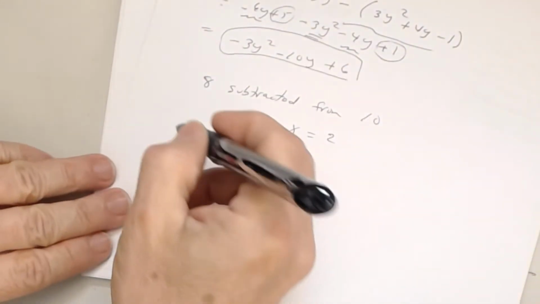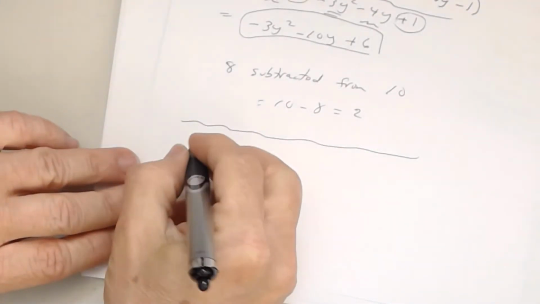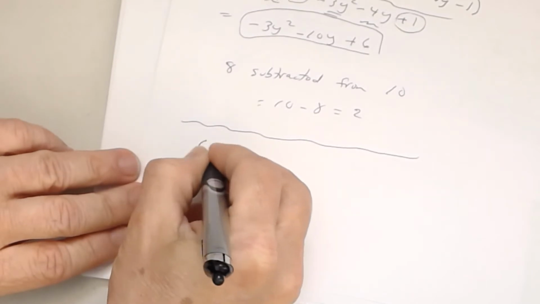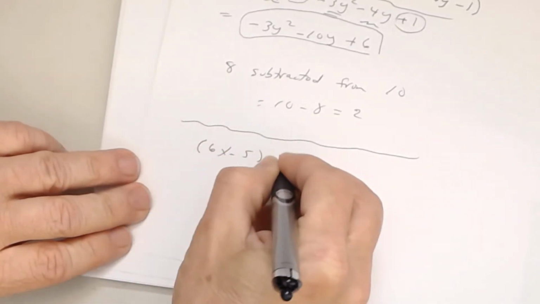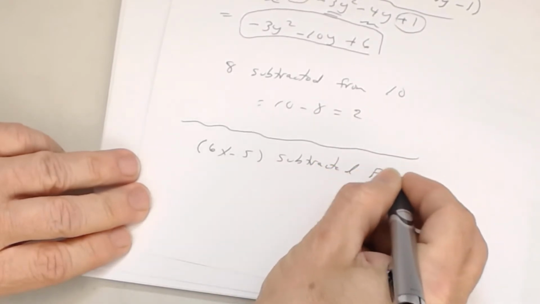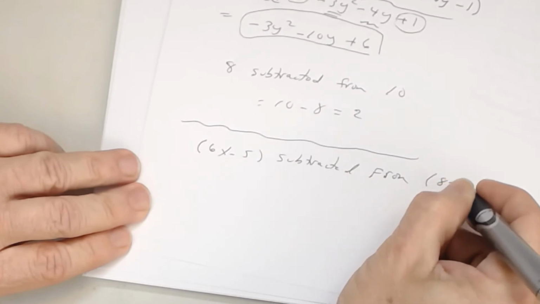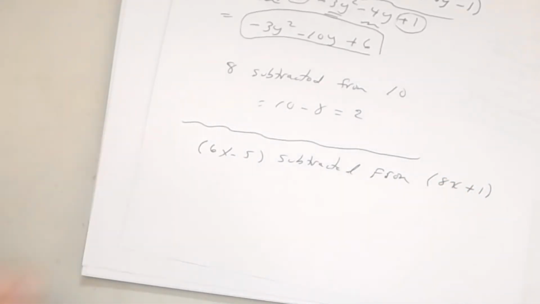So then, what if you had this? 6x minus 5 subtracted from 8x plus 1. Okay, so the ones in your final are going to have some words, like subtracted from.